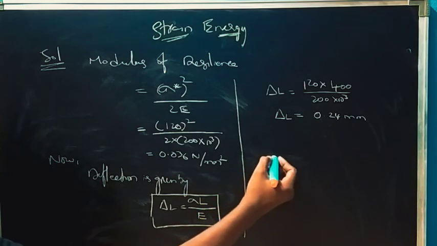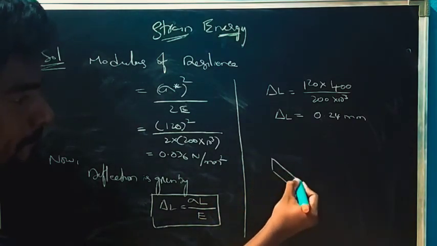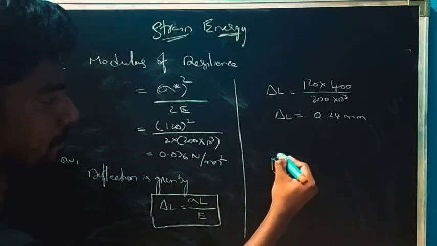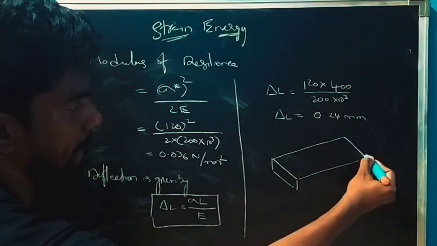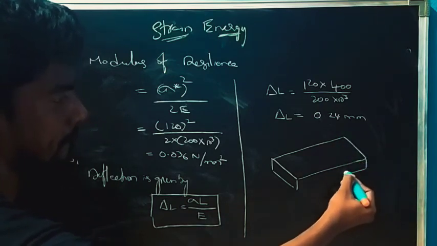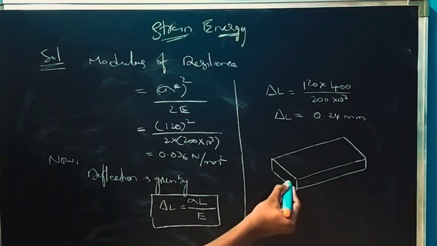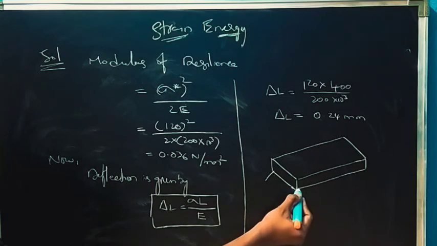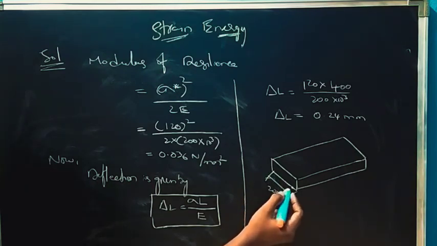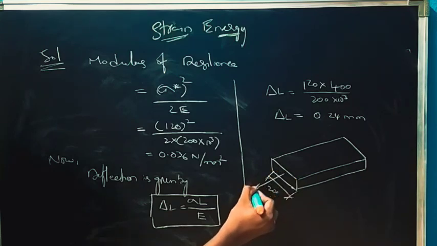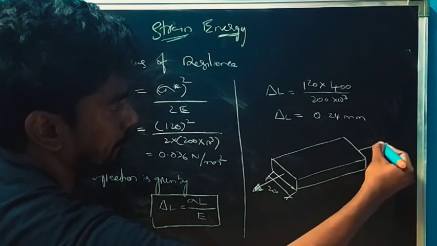So if I try to draw here, the width is 200 and it is applied gradually, a pull kind of load, right?